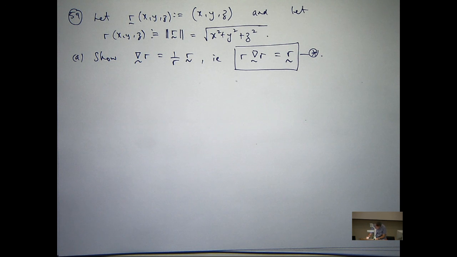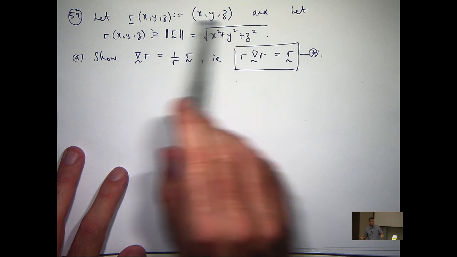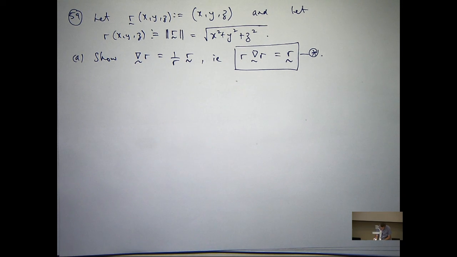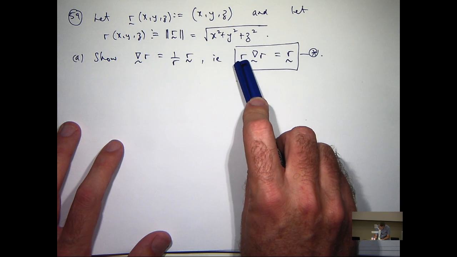Okay, so firstly, let's try to understand what this boxed, starred identity means. R is a real valued function. So I can take the gradient of it and produce a vector. I can then take that vector and multiply it by a scalar valued function, a real valued function.